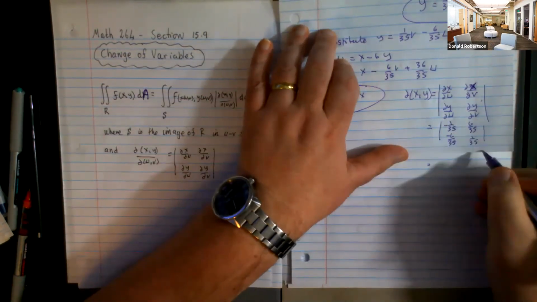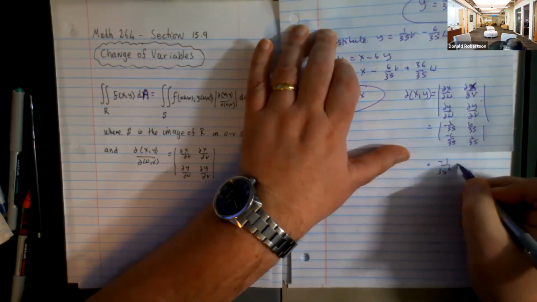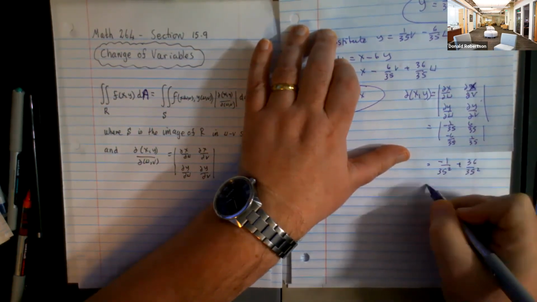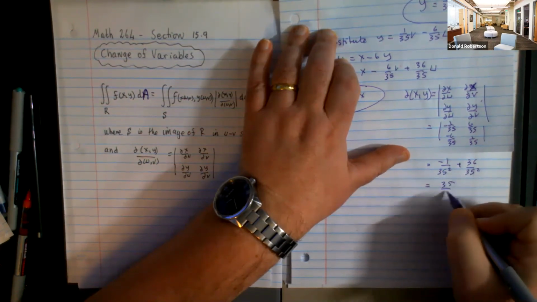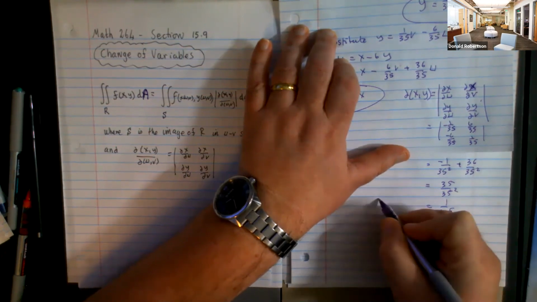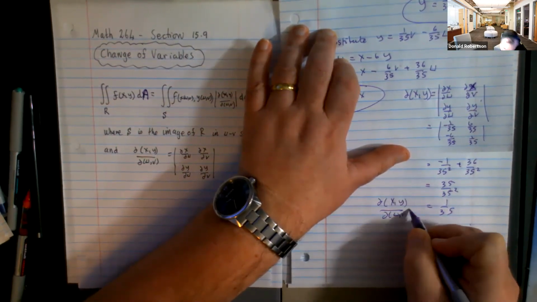Going this way, you get negative 1/35 squared. Take away is like add, so you're going to add 36/35 squared. That gets you 35/35 squared. That gets you 1/35. You have now found your Jacobian. It's 1/35.